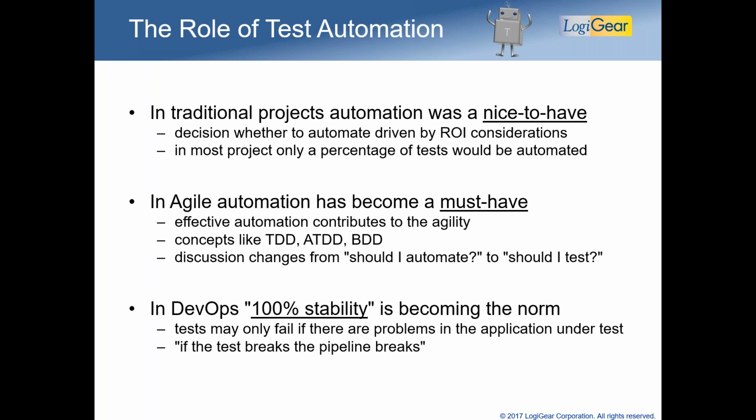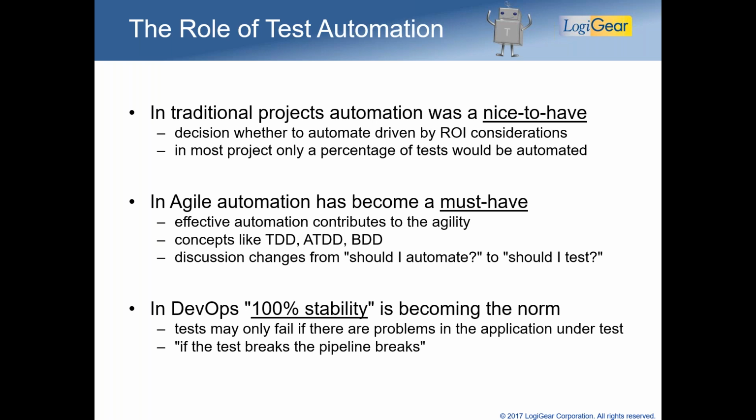Now, lately, we're all in DevOps mode, meaning projects are now more a combination of development and operations, meaning that the build process and the deployment process also get automated. Now, not only does that make test automation a must-have, it also needs to be very stable.